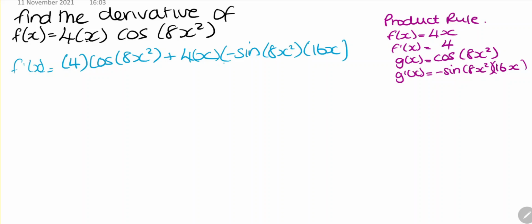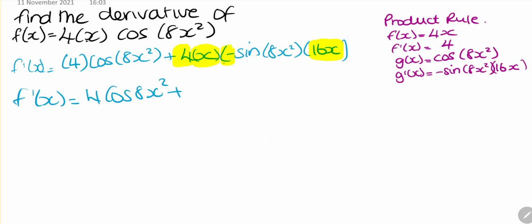So now we need to look at how we can simplify. So we have 4 cosine 8x squared plus, and if we look at our terms here, we have a 4x, the negative sign, and the 16x.